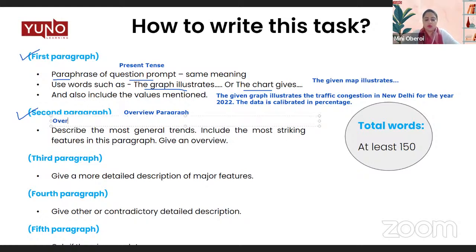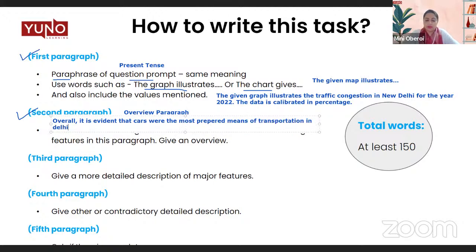It can be something like this: overall, it is evident that cars were the most preferred means of transportation in Delhi, while bicycles, or we can even say two-wheelers, were the least preferred by the commuters.